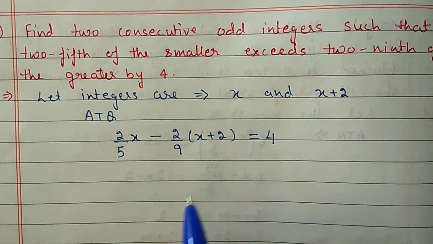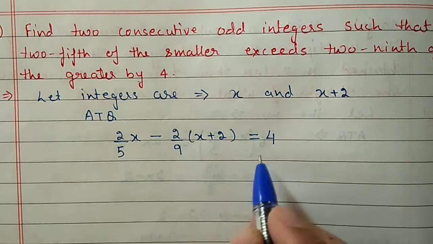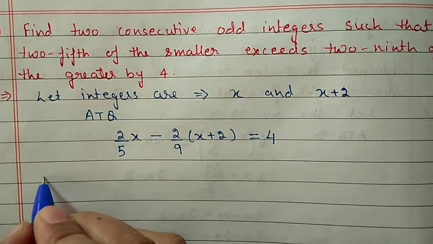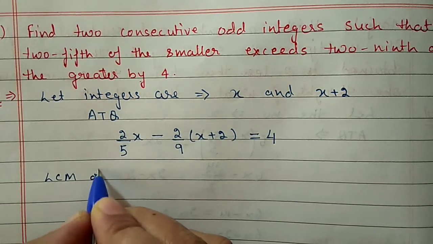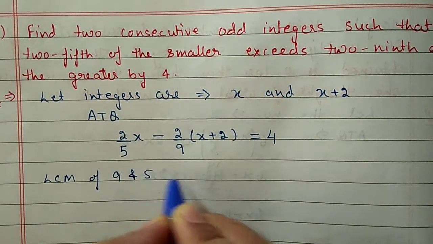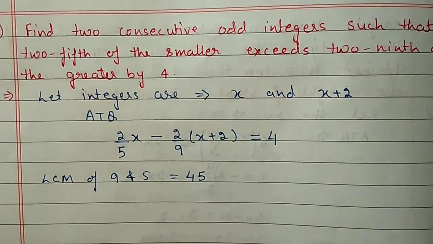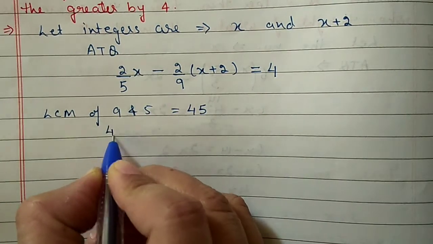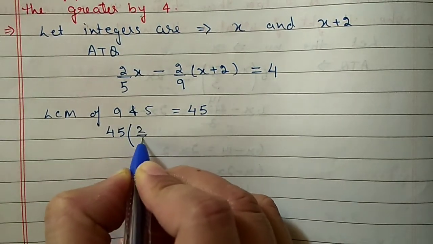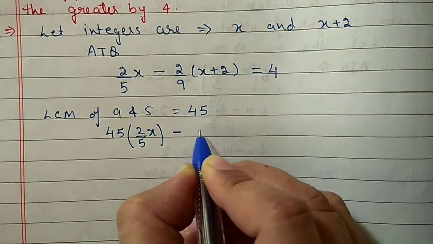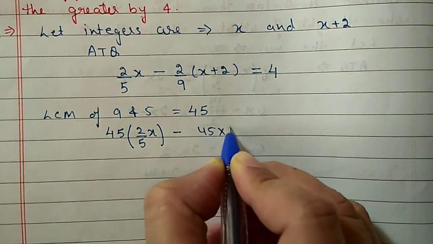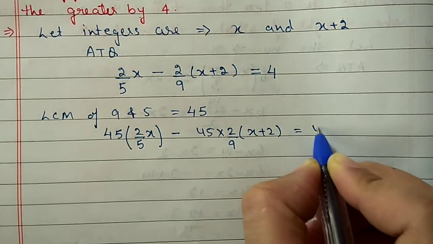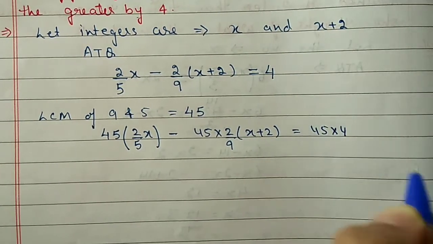Now we have to simplify this equation. First we will take the LCM of 9 and 5, which is 45. Now with 45 we can multiply each term. First 45 into 2 by 5 x. Second, 45 into 2 by 9 (x plus 2), and on this side also we will multiply 45 into 4.